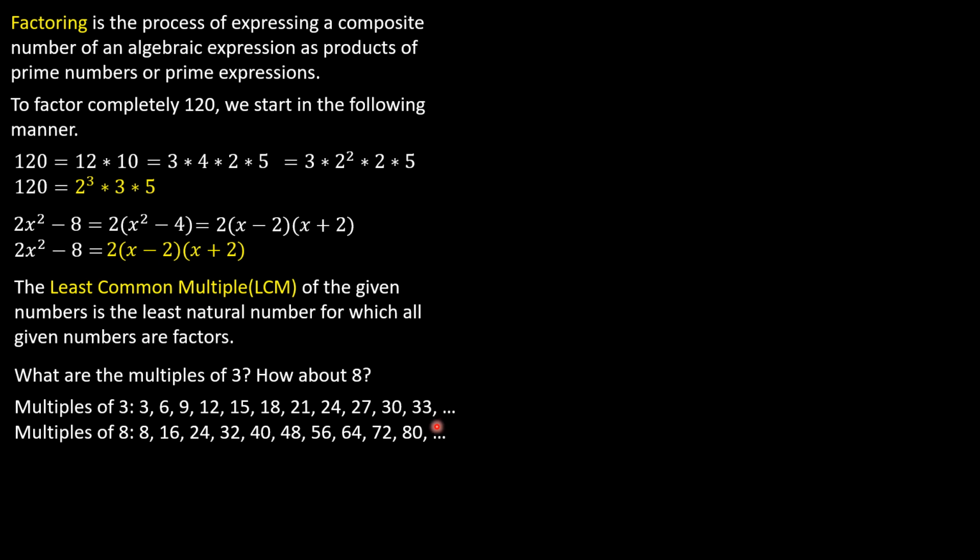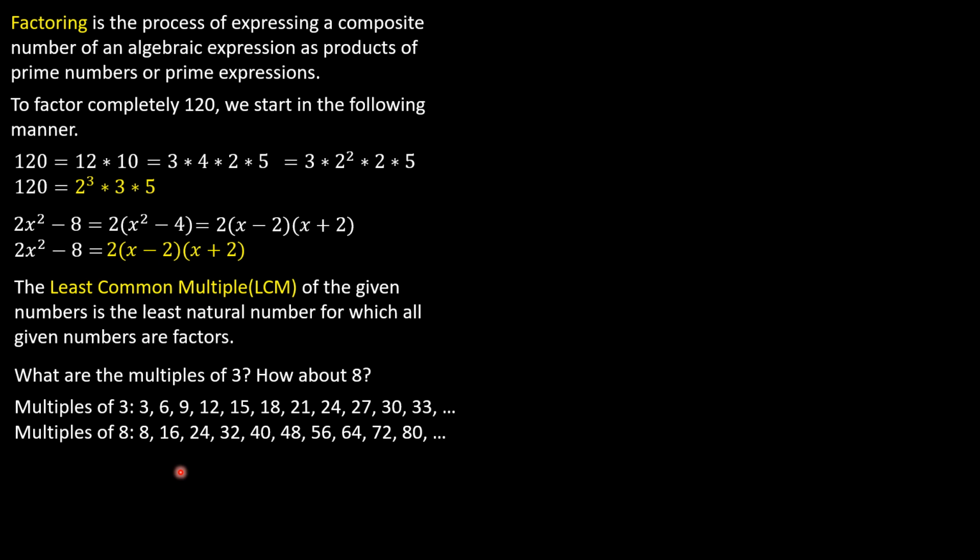Therefore, if the question is what is the LCM between 3 and 8, the least natural number that appears in both lists is 24. So the least common multiple between 3 and 8 is 24.